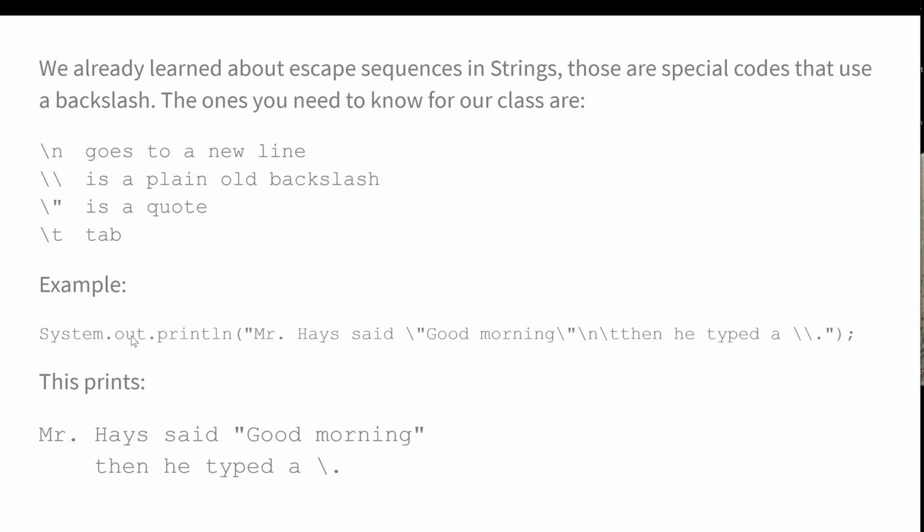So this printout prints out what's down below here. Mr. Hayes said backslash quote, good morning, backslash quote. That gives us these two quotes. And then I did a backslash n to go to a new line, and a backslash t to tab in. And then I wrote, then he typed a, and I gave you two backslashes, which gives us just one when the printout happens. So, whew, it can look kind of crazy, but I need you to know those.